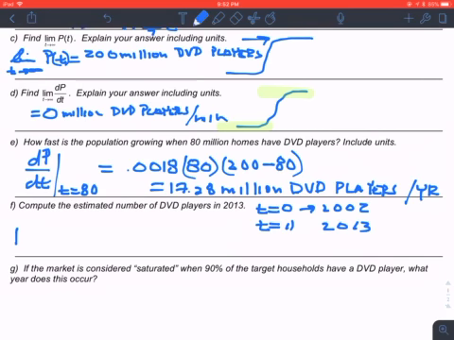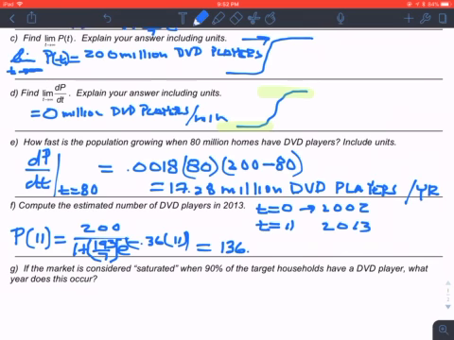So I really need to go find P of 11, which is going to be 200 over 1 plus the 193 over 7 e to the negative 0.36 times 11. If you carefully type that in, you got to make sure you put parentheses around this and around that. Okay, you get 136.096, and that's million DVD players.